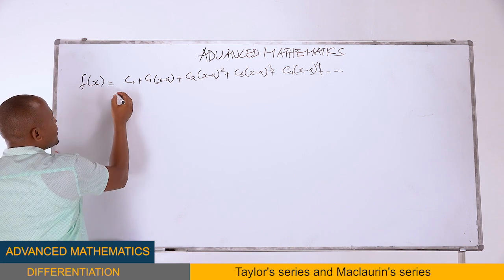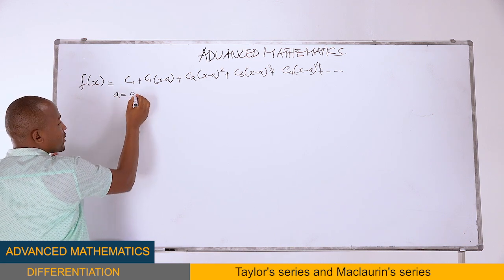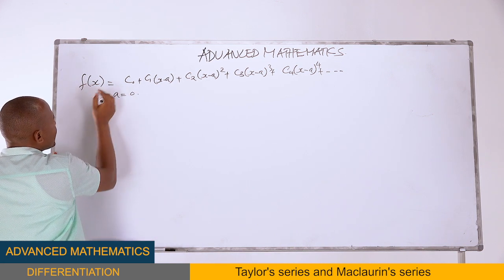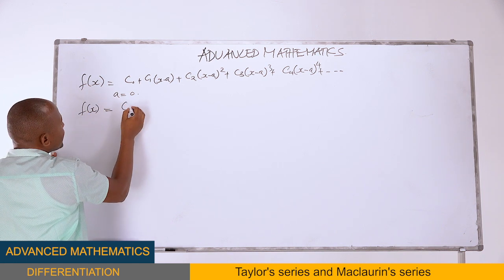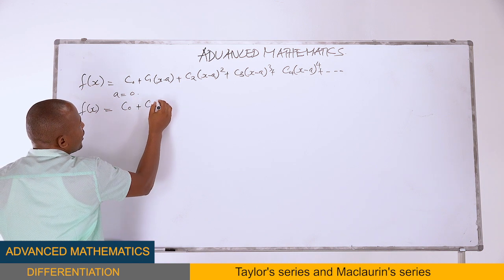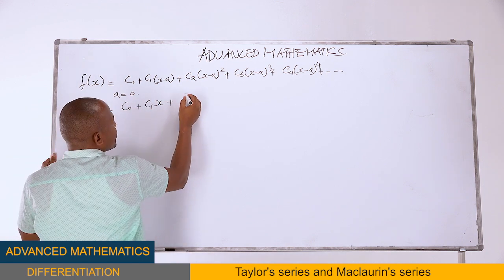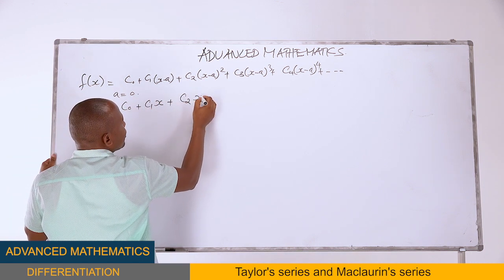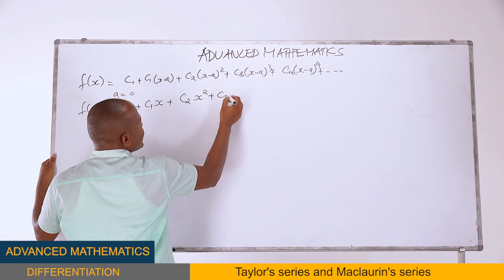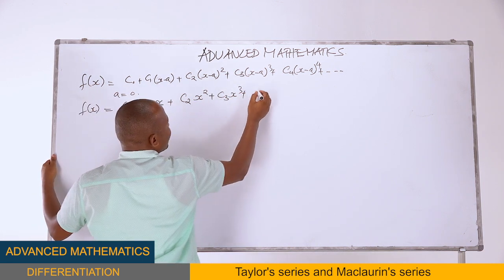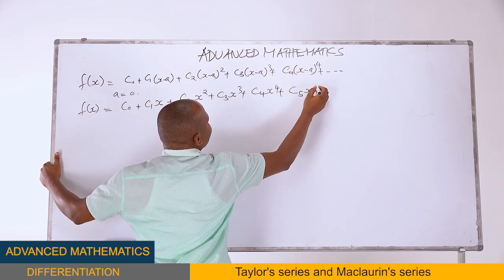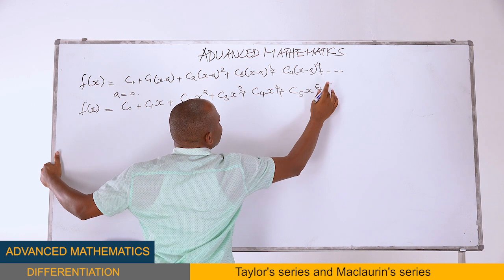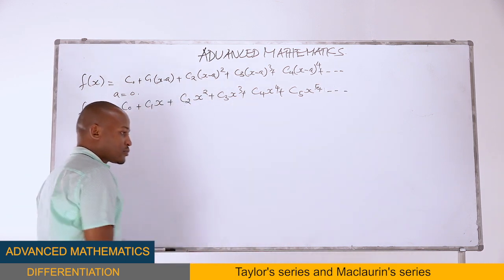Now we are going to evaluate when a is equal to 0. That's the first step. That is to say, we're going to be left with c naught plus c1 x plus c2 x squared plus c3 x cubed plus c4 x raised to 4, plus c5, and you can write it as many times as you can go.